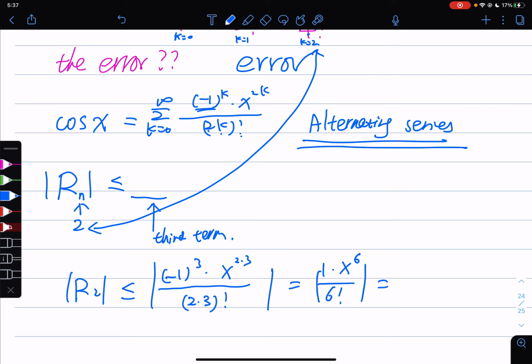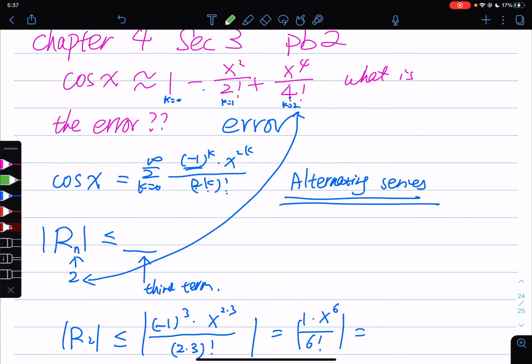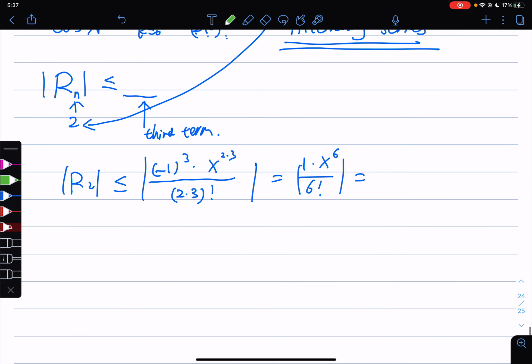And what's my option of x? If you go back to the problem, it did tell you you want to discuss this over different intervals. For example, for the case I'm looking at right now, it says, what is the error over the interval -0.4 through +0.4? So this is bounded by whatever x is between this and that.